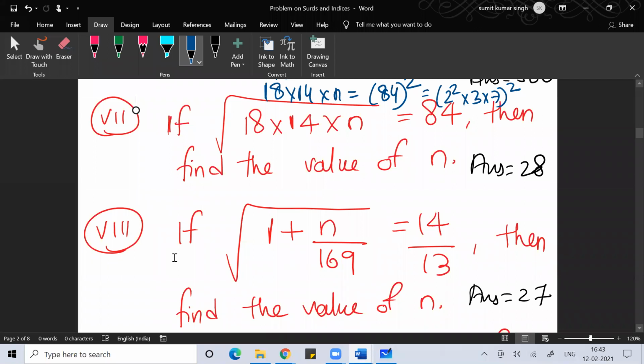Do 7, 8. 14 by 13 you can write as 1 plus 1 by 13.